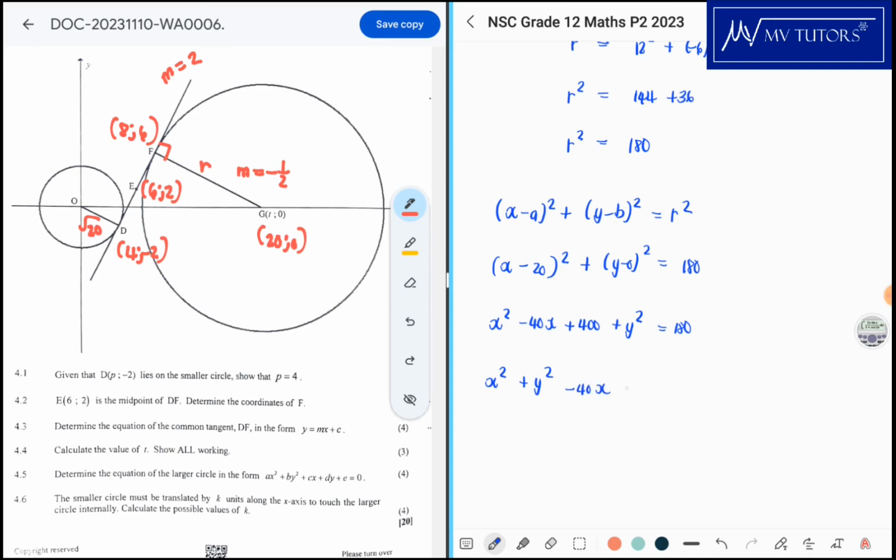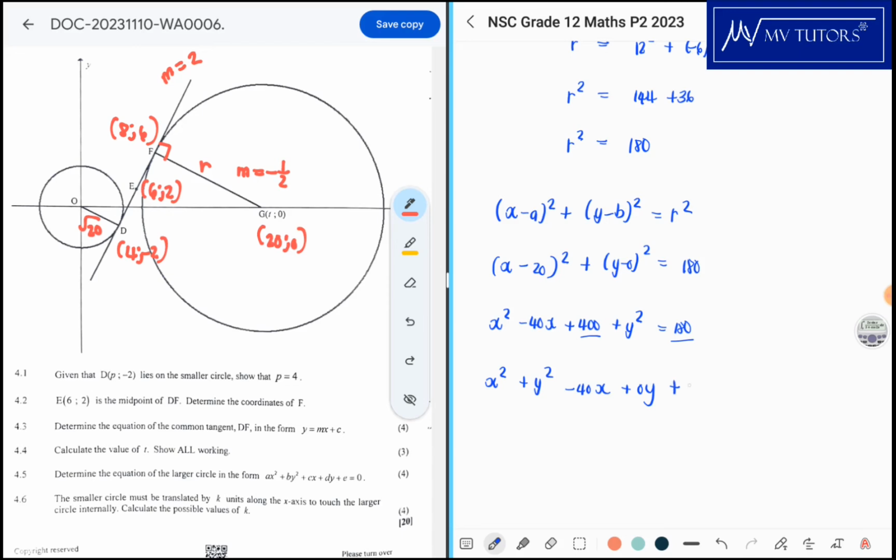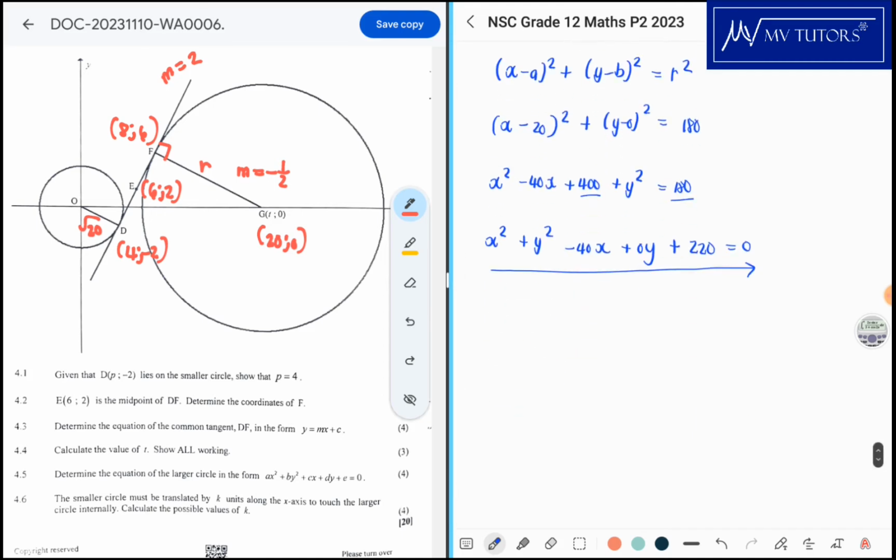The coefficient of y, I don't know if they're going to penalize you if you don't put 0y, but let's just do it. And then plus e, so I have 400 here and I have 180. So 400 minus 180, I have 220. So I'm going to say plus 220, and that is 0. So we've written the equation of the largest circle in that form. Okay, so that wasn't so bad.